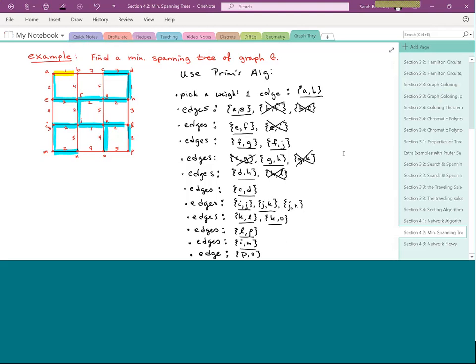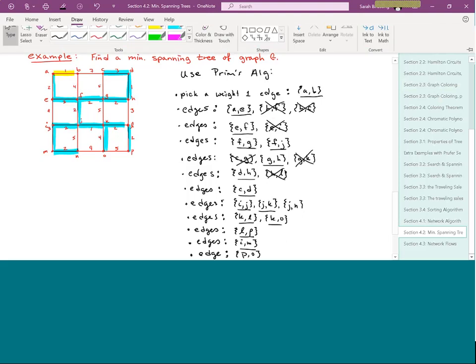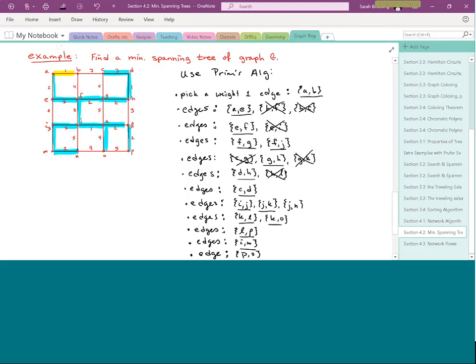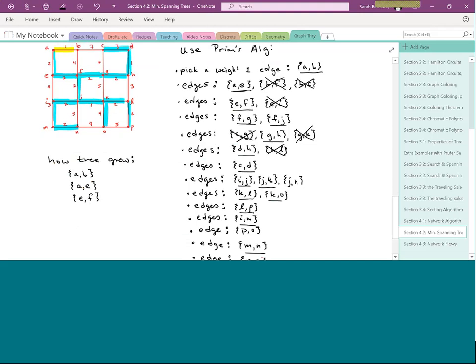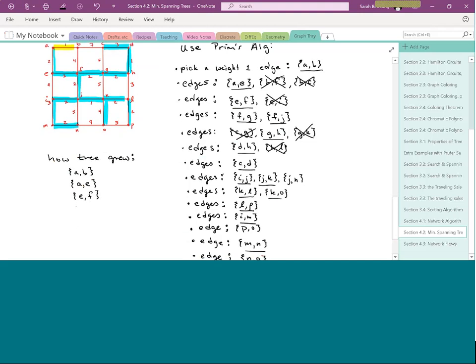For example, in terms of how the tree grew, we started off with the edge AB. We then added the edge AE, then the edge EF, then the edge FG, and it kept on going. The last edge we added was KO.